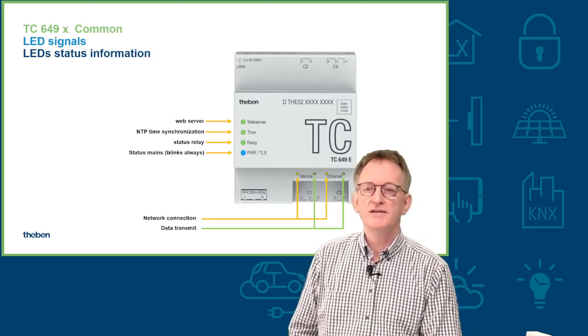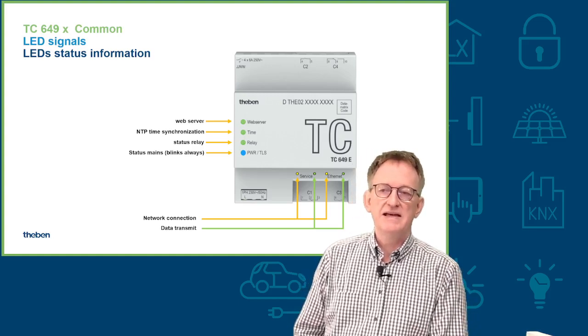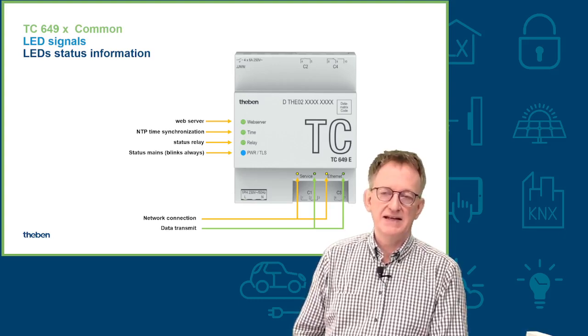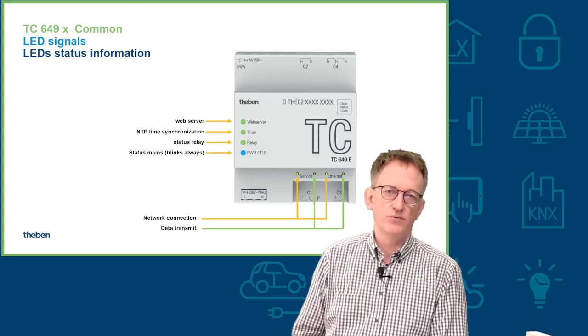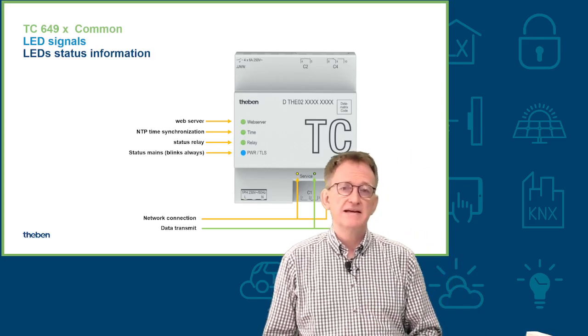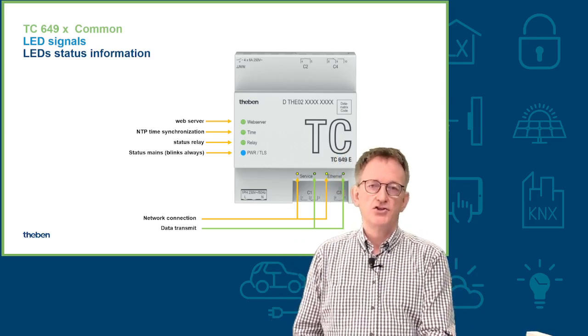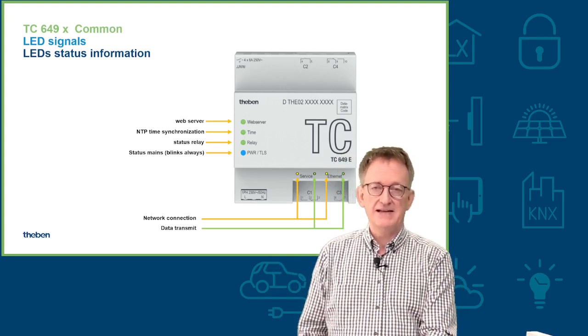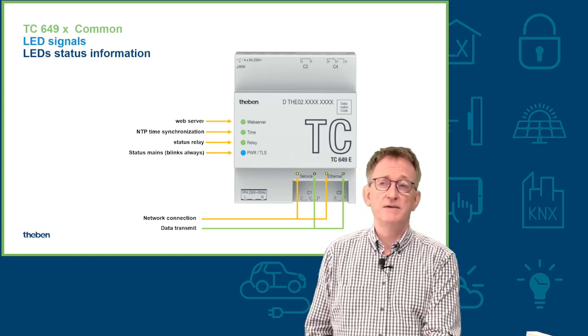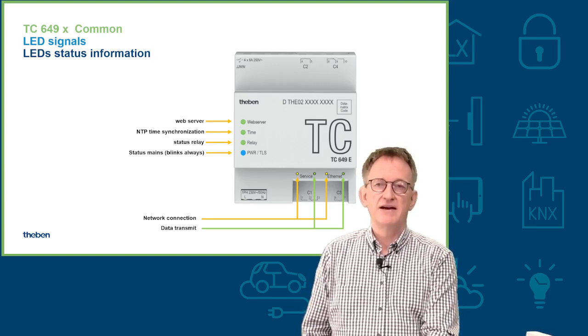That's a green one, and it will blink when any data is transmitted on the network. So the left one should always be yellow and the green one should blink. And if this is the case, then you have managed one very important step to get the device up and running.